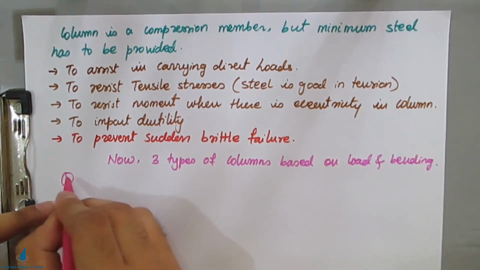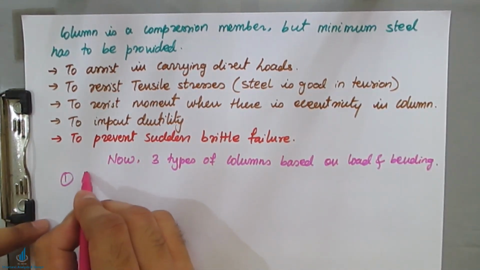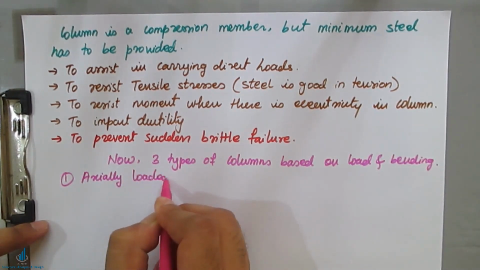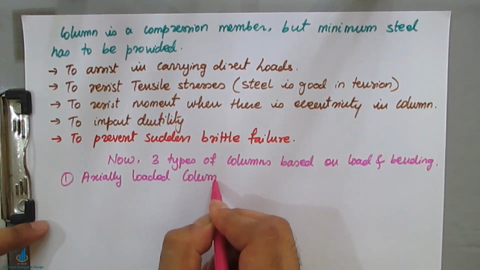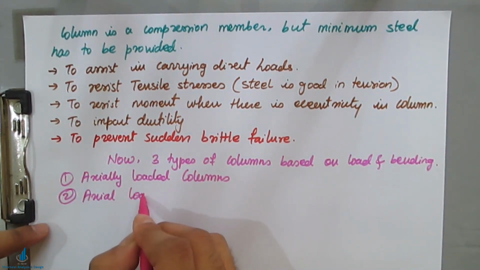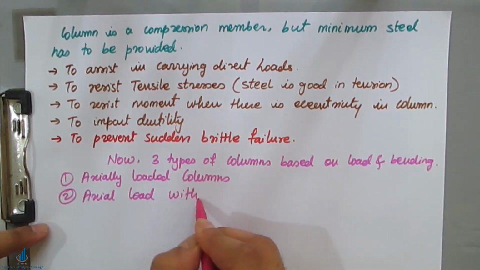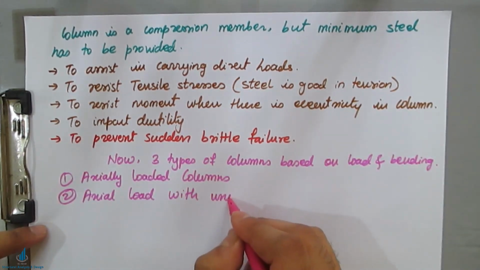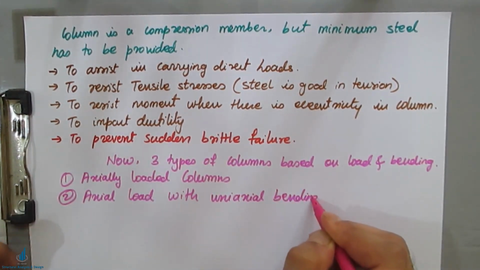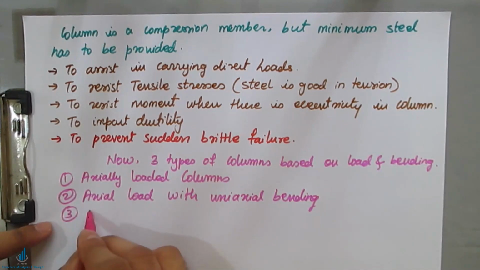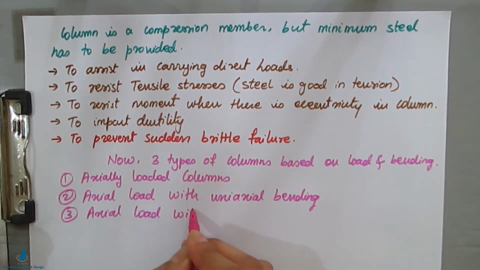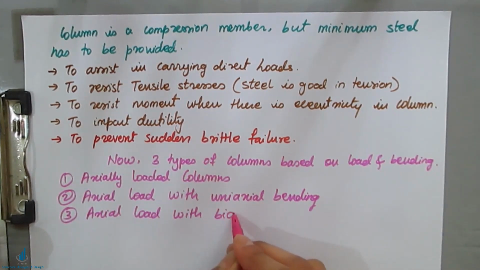So the first type is axially loaded columns. Second, axial load with uniaxial bending. Then third is axial load with biaxial bending.